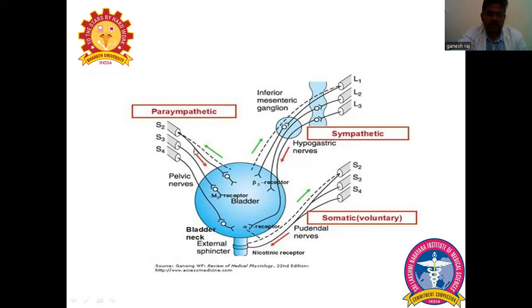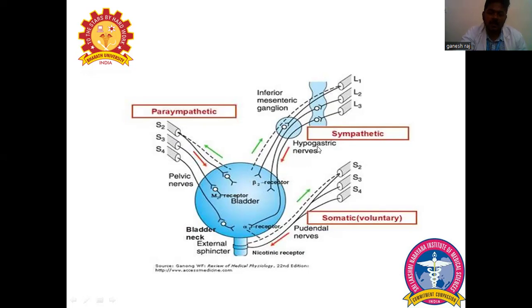The nerves arising from S2, S3, S4 segments together are called pelvic nerves. And the sympathetic nerves which supply the detrusor and internal urethral sphincter arise from the L1, L2 segments of the spinal cord, and together they are called the hypogastric nerve.